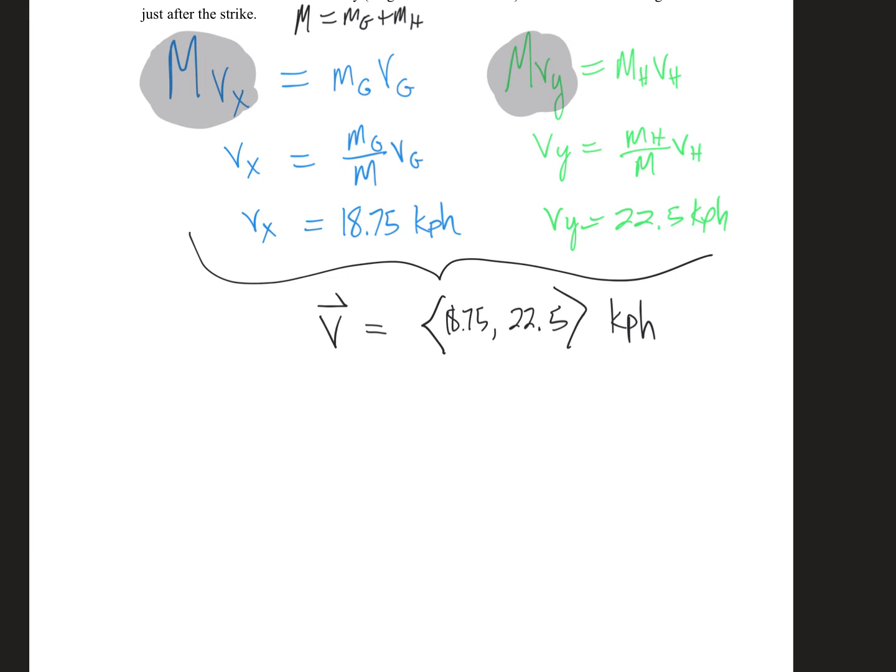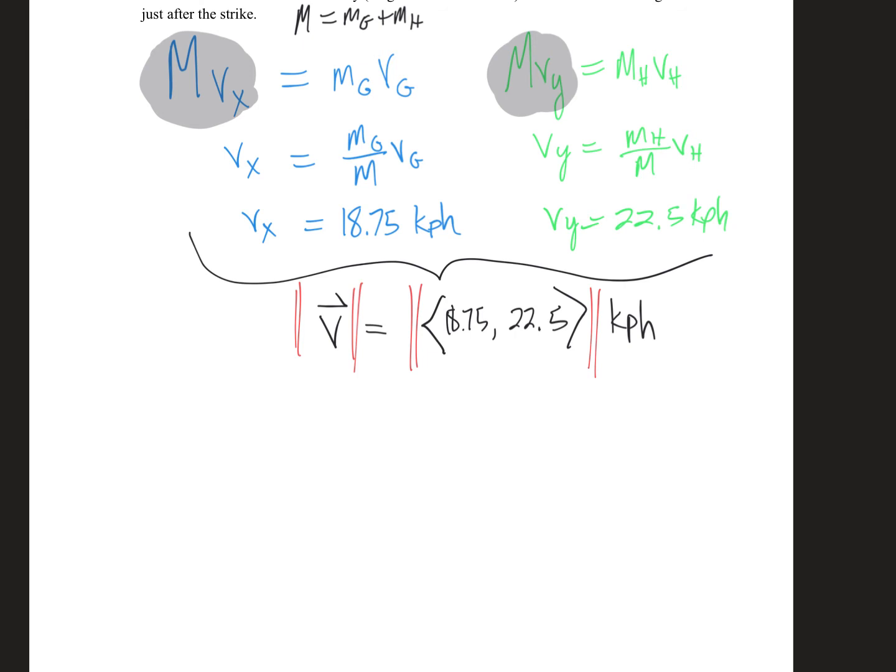The producers, the director, the animators want to know the velocity, its magnitude and direction, of the hawk and dead goose just after the strike. Well, the magnitude of a vector would just be the Pythagorean identity on that.